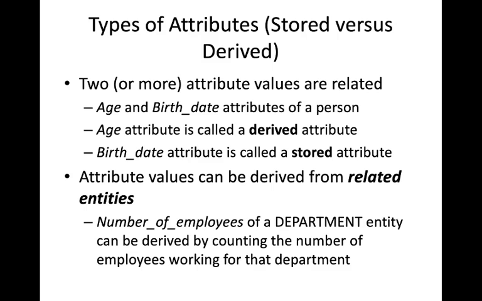We will simply count the employee details, since the employee and department entities are related. A particular employee will be working in a particular department. So if we get 10, that means for the CS department there are 10 employees. So number of employees is considered a derived attribute, derived from the employee and department relationship.